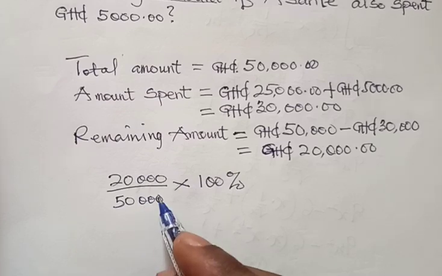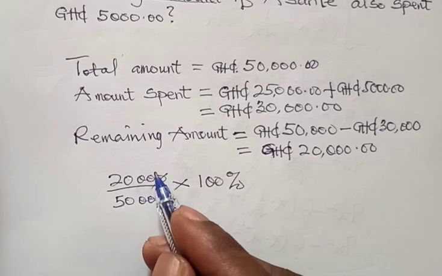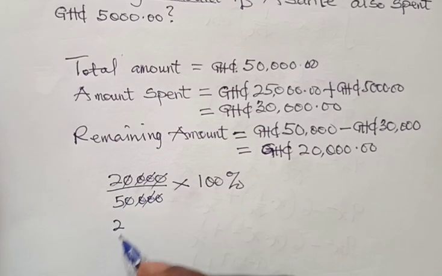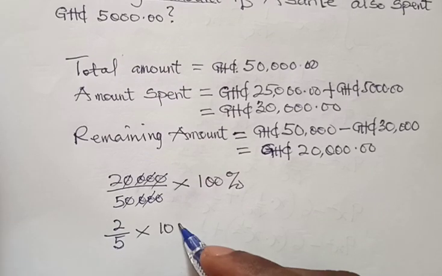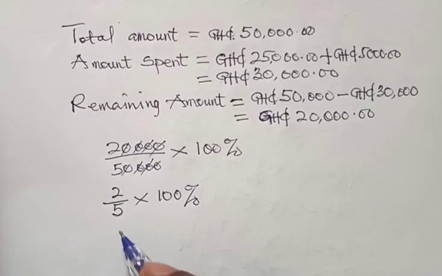I can cross this. This is 1, 2, 3, 4. 1, 2, 3, 4. Then I will cross all of them. Okay. So that I will have 2 over 5 times 100%.